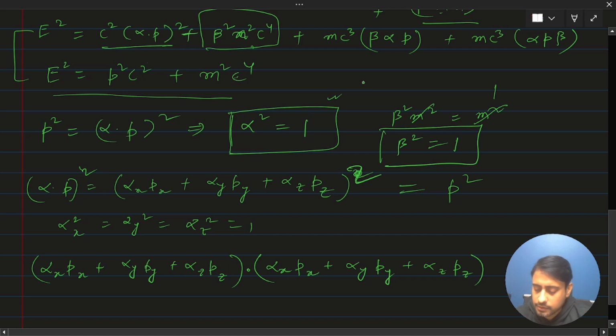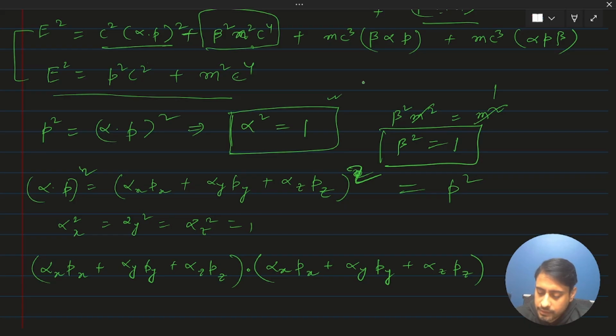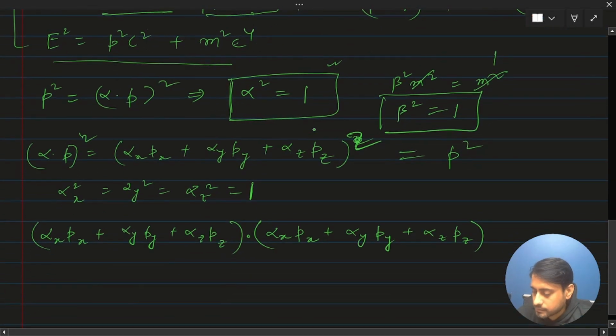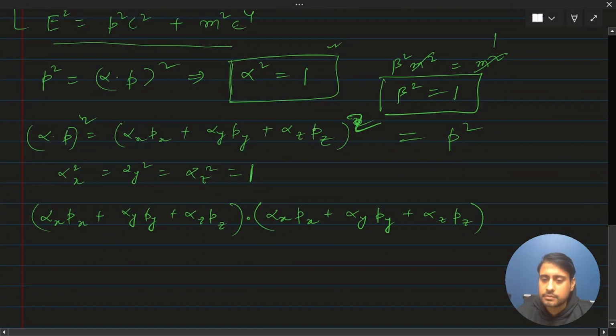Because we know that this is not just a one-dimensional thing. We need the expression in 3 dimensions, like the Klein-Gordon equation. We may need the solution in 3 dimensions. So if we are confirming, we want to confirm that this is also true, this also equals 1, because if you prove alpha square equals 1, that doesn't mean these terms are separately equal to 1. So for that you need to do this.